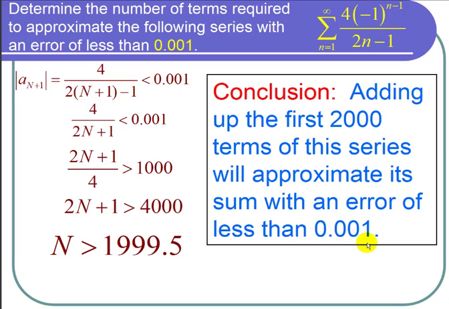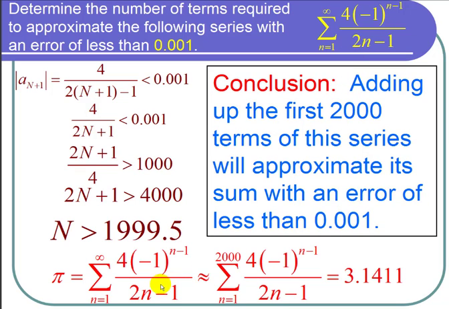And just of interest, you may not recognize this series, but it's pretty special. It's actually one of the representations of the number pi. So I went in and I calculated using a calculator, and I added up the first 2,000 terms, and what I got was 3.1411.